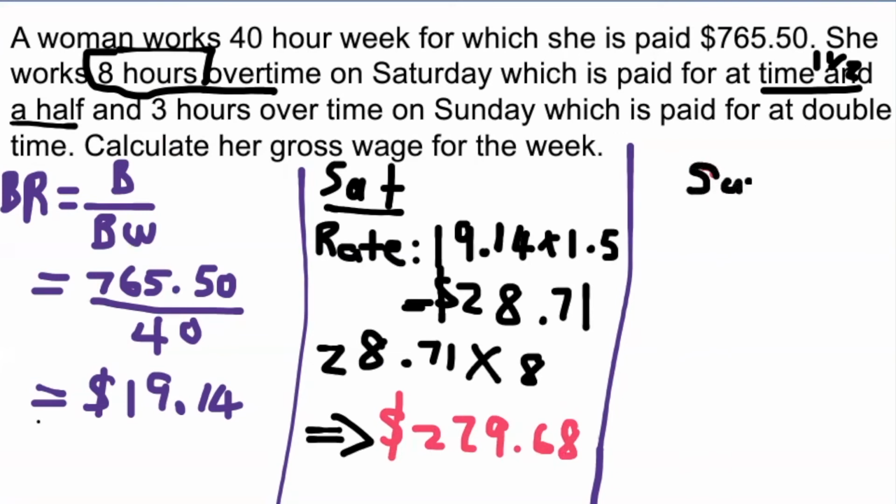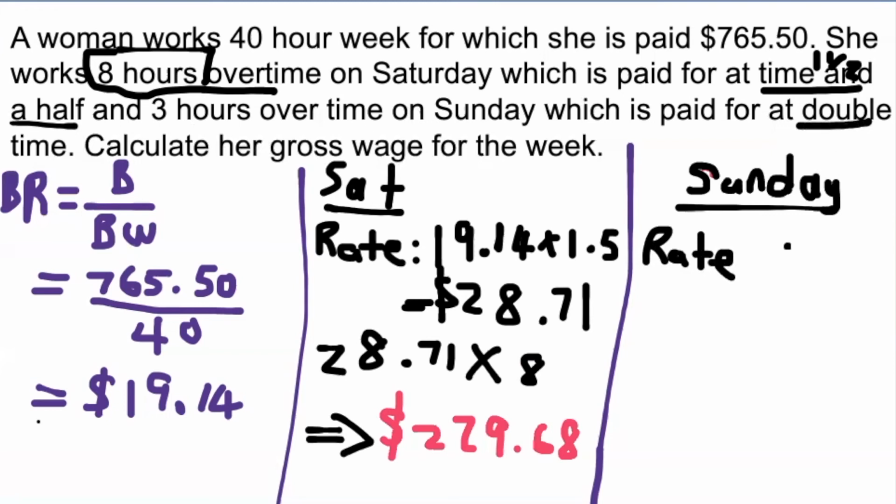Let's look on Sunday. So on Sunday, I'm going to write SUND. So on Sunday, this person is paid differently. So the rate on Sunday, it's double the amount, double the time.